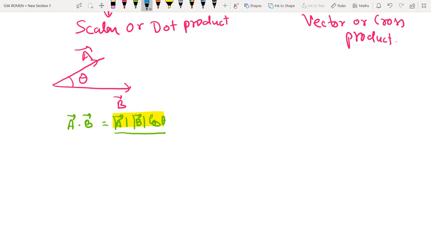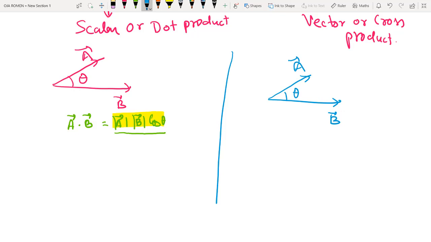Then in case of vector product, we have two vectors A and B. The angle between them is theta.